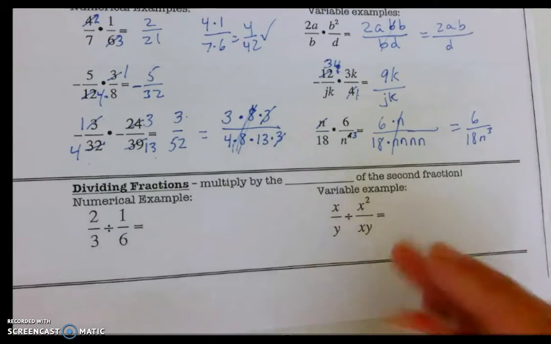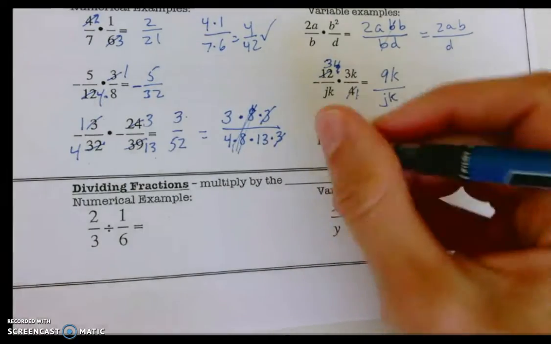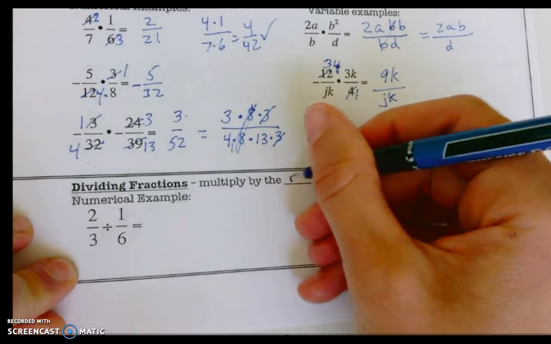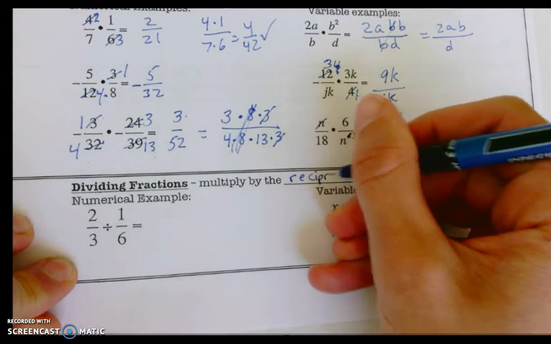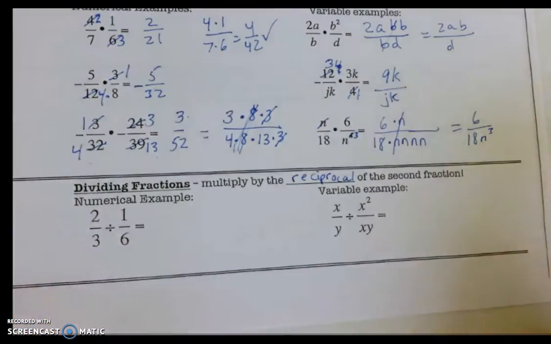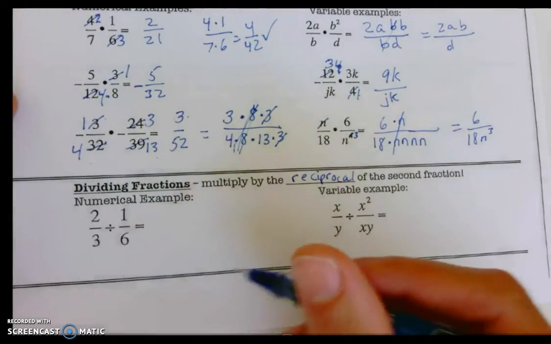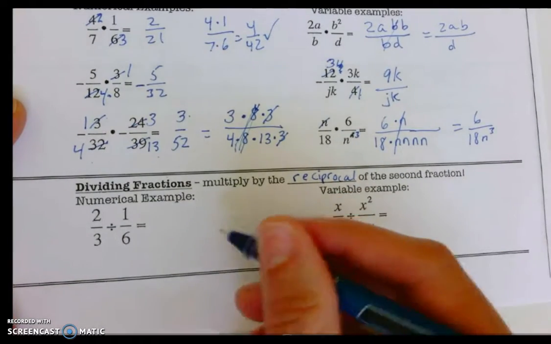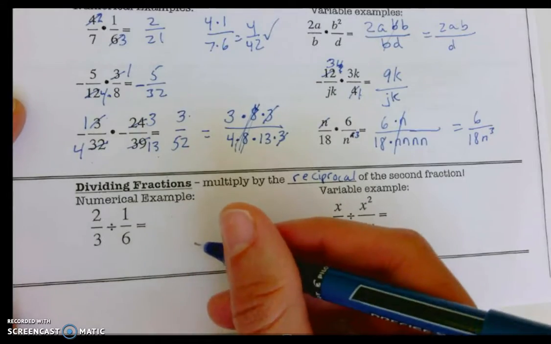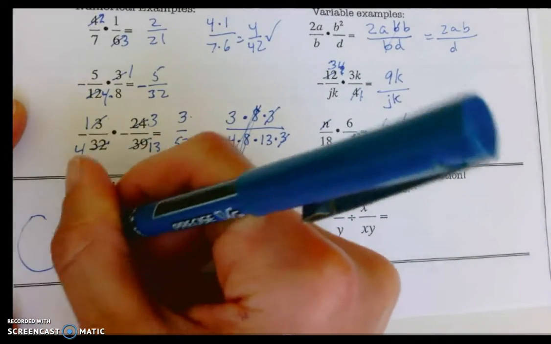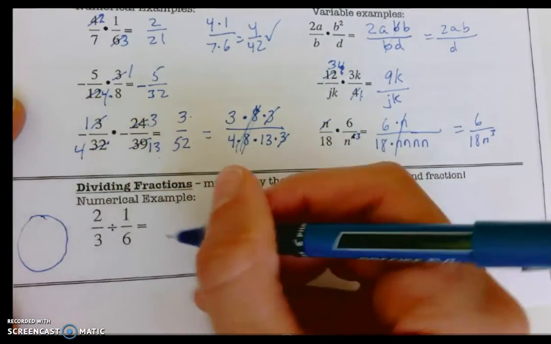Okay, and then dividing fractions. We multiply by the, yeah, you got it, reciprocal, I hope you got it, of the second fraction. But let's look at why that is. So I'm going to draw a picture here with 2/3 divided by 1/6. Remember that we're really asking how many sixths are in 2/3.